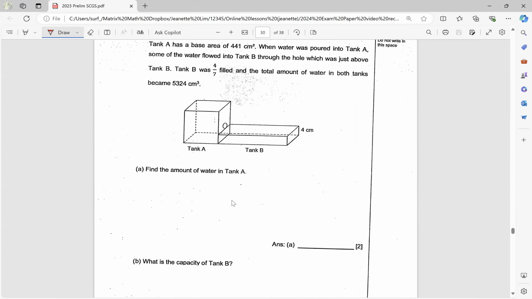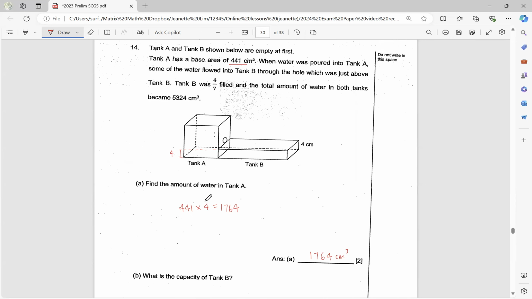Since tank B is 4 cm tall, tank A can only go up to 4 cm tall. Okay, then we take the base area, which is 441, times the height. So volume is 1764 cubic cm in tank A.